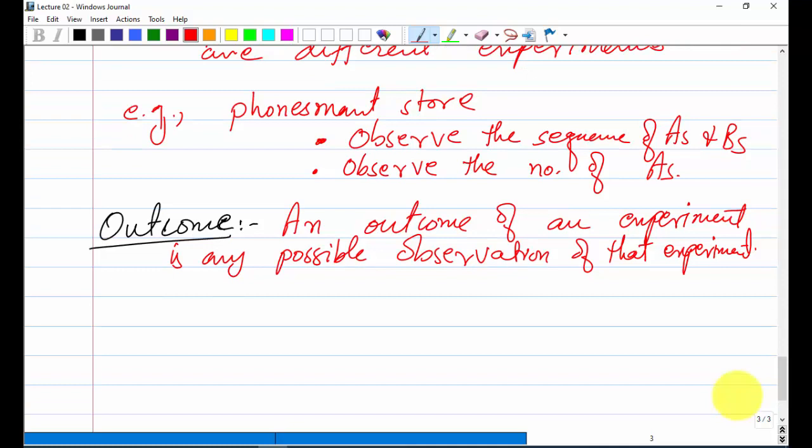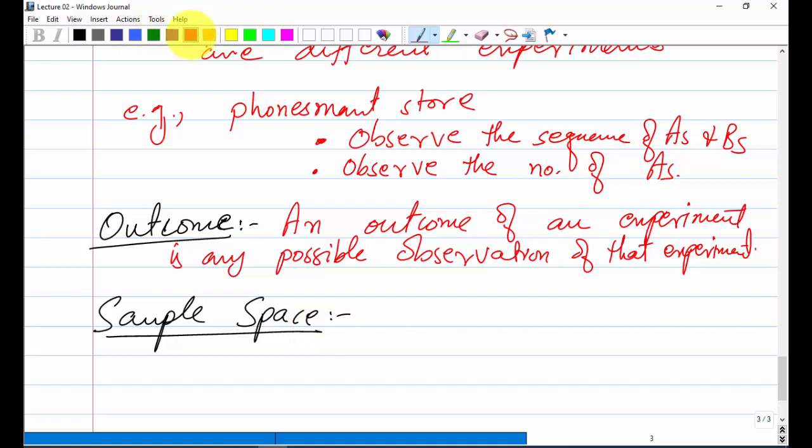Then a very important definition: sample space. In set theory we used the terminology universal set, but in probability we will use the terminology sample space. The definition of sample space is very interesting.